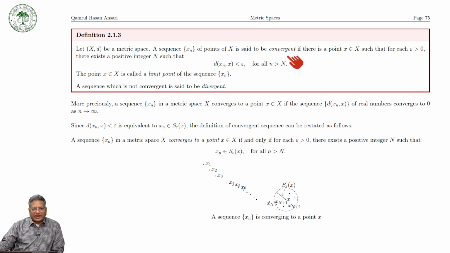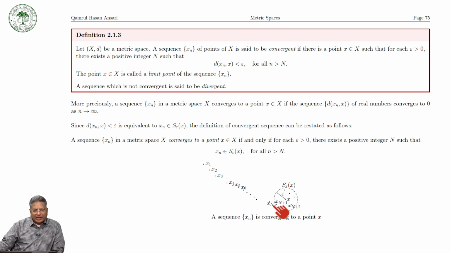In other words, we can write this definition in terms of the ball. That is to say, xn converges to a point x if for every epsilon positive there exists a positive integer N such that xn belongs to S(epsilon, x). So you have x1, x2, x3, xn. After this capital N, you take any epsilon, and accordingly you can choose N. Here you have this point x, and suppose this is our epsilon, so this is the ball with center at x and radius epsilon.